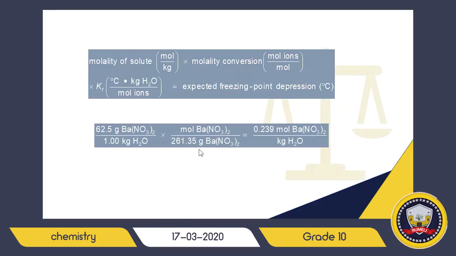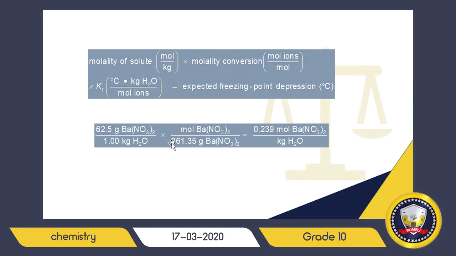So to convert the amount of barium nitrate from grams to moles, you need to find the molar mass of this formula from the periodic table, which is equal to 261.35 grams per mole, and then we divide the grams, which is 62.5, by this value, and we get 0.239 mole of barium nitrate.